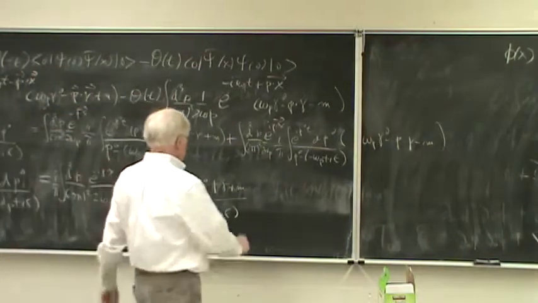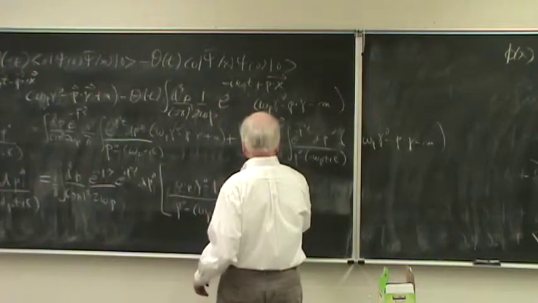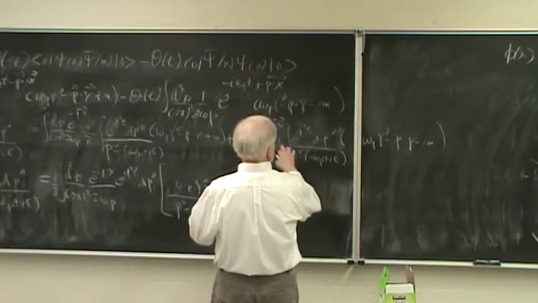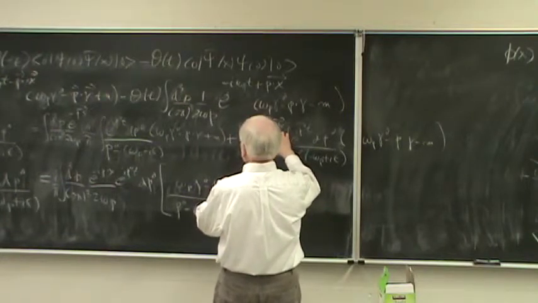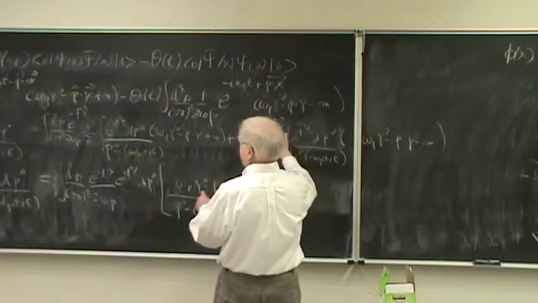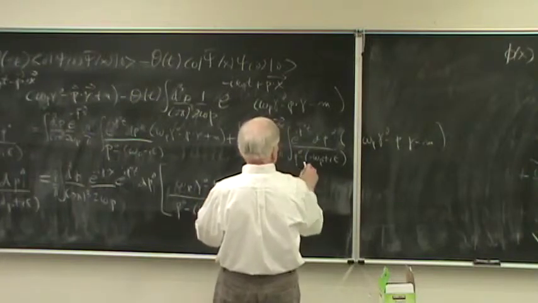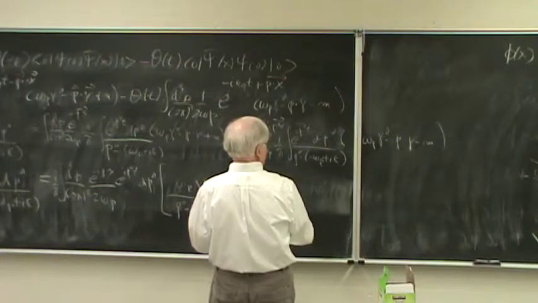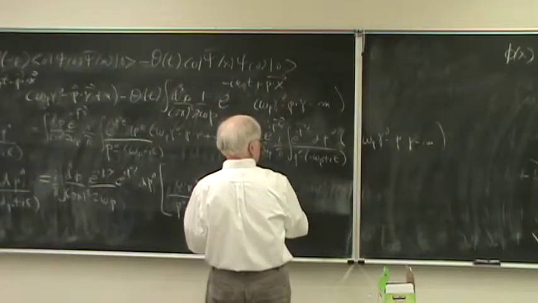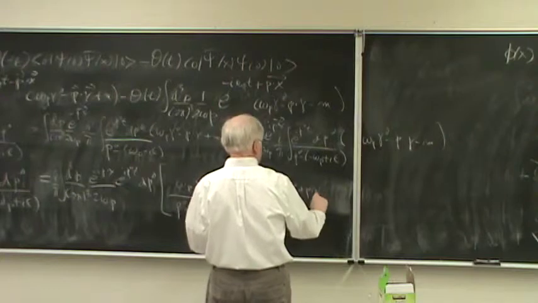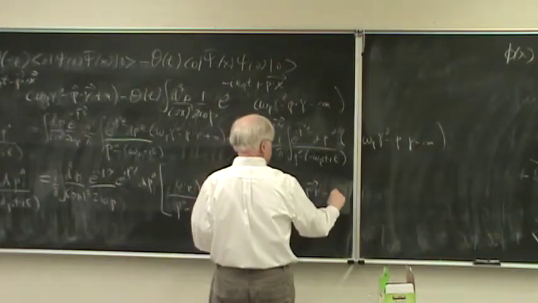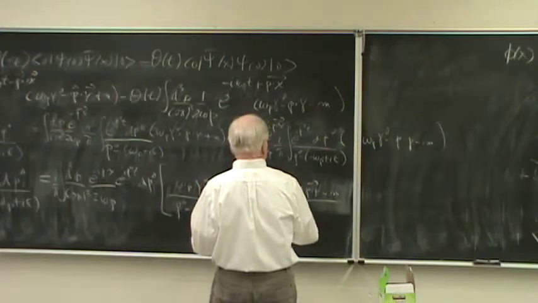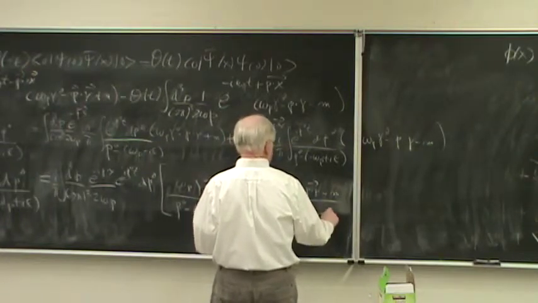So that's that. And then this one is, let me keep track of this. We flipped the sign of p vector, and so what we have here is ω_p γ⁰ plus p·γ minus m over p₀ minus ω_p plus iε.